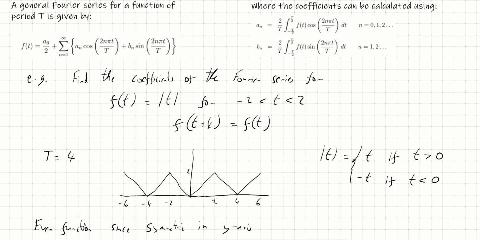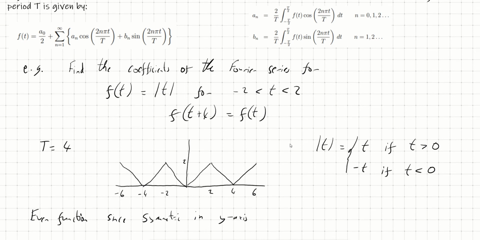And thankfully, if we have an even function, it makes calculating our Fourier coefficients really easy, because the sine coefficients, the bn's, are going to be 0 for an even function. If we had an odd function, the cos coefficients, the an's, would be 0, but for an even function, our bn's are equal to 0 for all n.